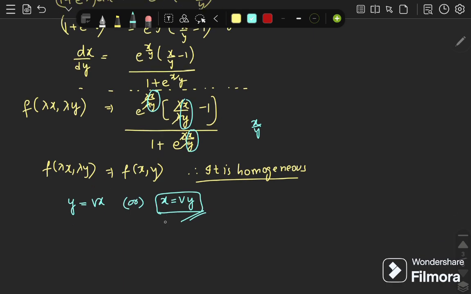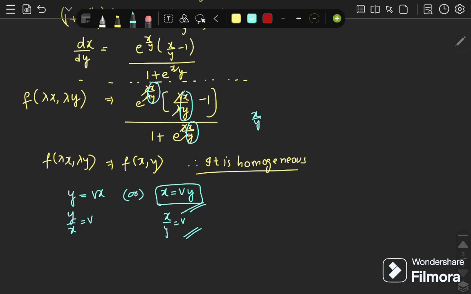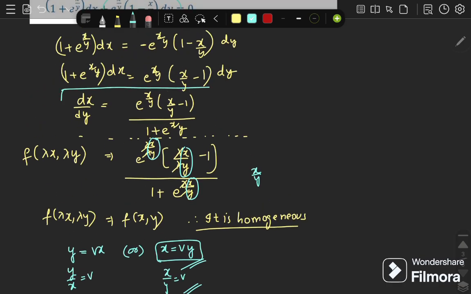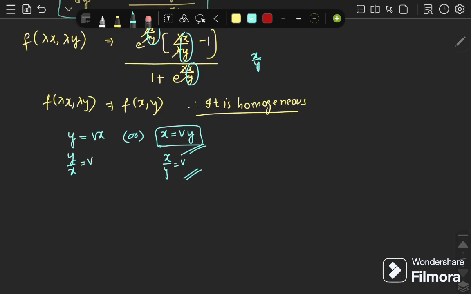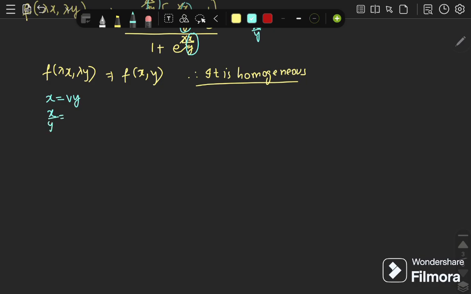So it will be convenient for us to put x/y = v instead of y/x = v. In that case, we would put 1/v and that will complicate the scenario. So we will just put x/y = v. So we will be letting x = vy, so x/y = v.